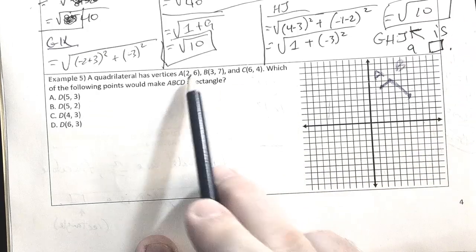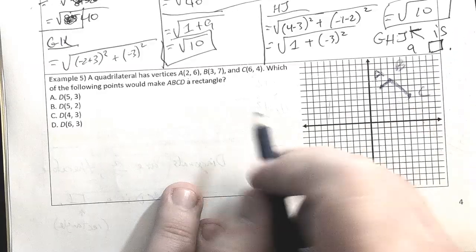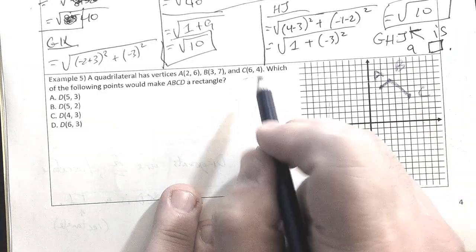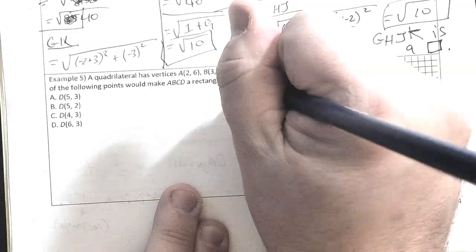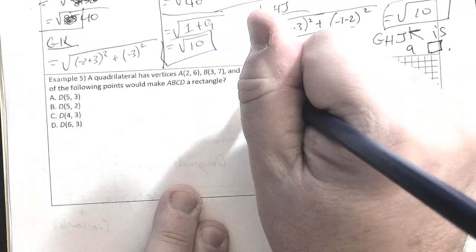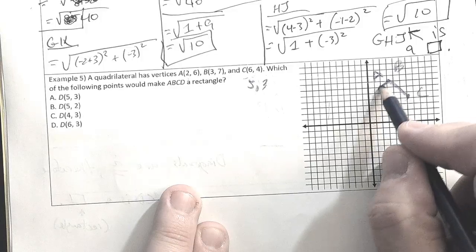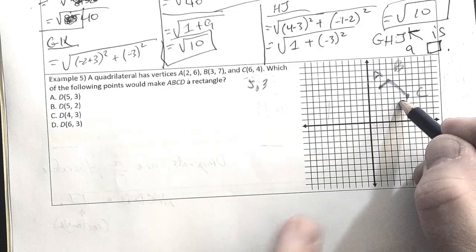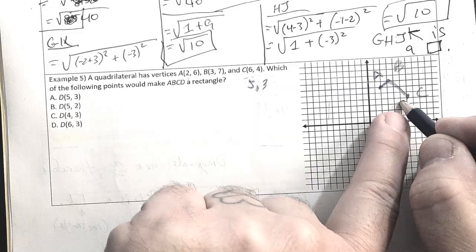So notice this was one up and one up. Now this is C, so you should subtract 1 from both of these. So 6 minus 1 is 5. 4 minus 1 is 3. Also notice, this is like a square across that would put you here. That would be 1, 2, 3, 4, 5, and then up 1, 2, 3.